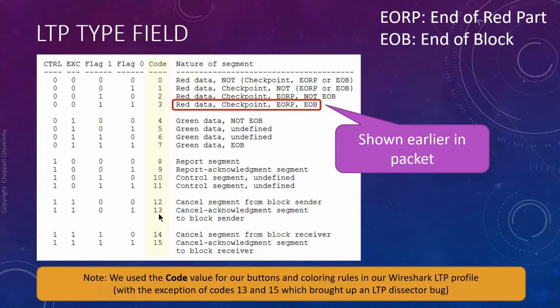And that's because these are short. These are only 4 bytes long, and Wireshark expects to see 5 bytes. So it's just a dissector thing. But what we did was we did a different methodology in not only our coloring rules, but also in our buttons. And Ginny will show you that in the example of how we built our LTP Wireshark profile.